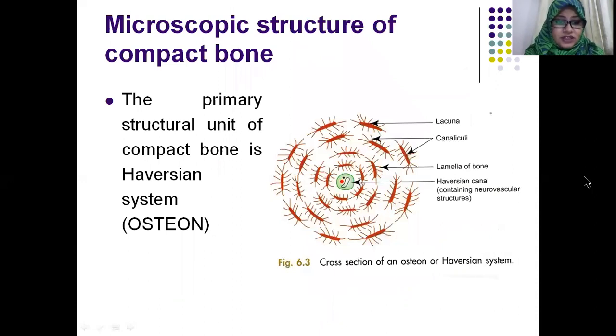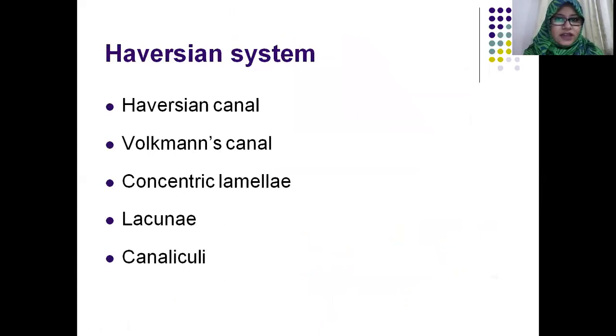The primary structural unit of compact bone is the Haversian system or osteon. This Haversian system consists of Haversian canal, Volkmann's canal, concentric lamellae, lacunae, and canaliculi.